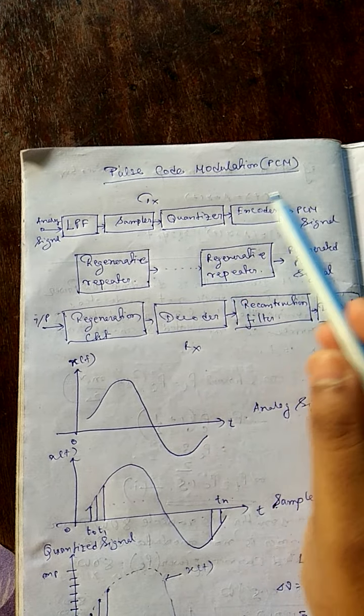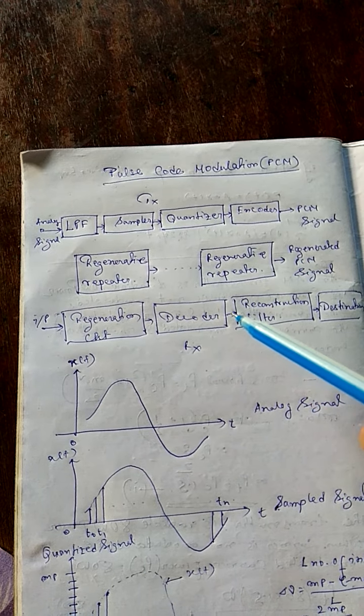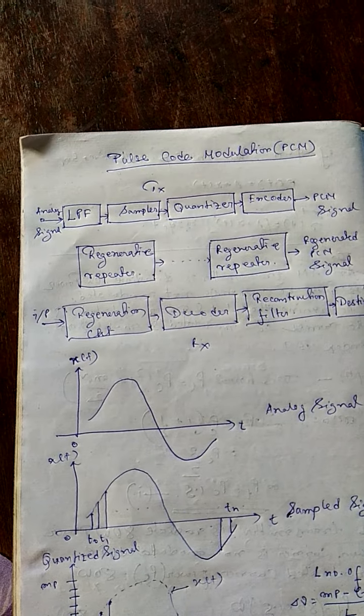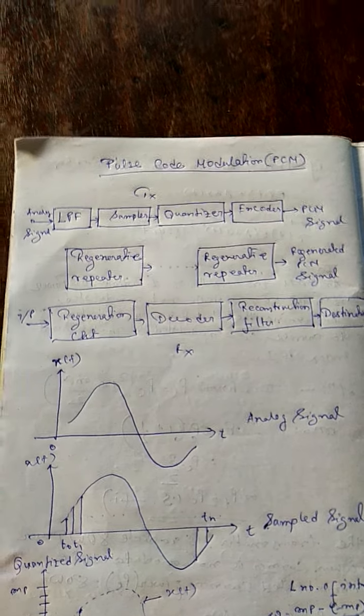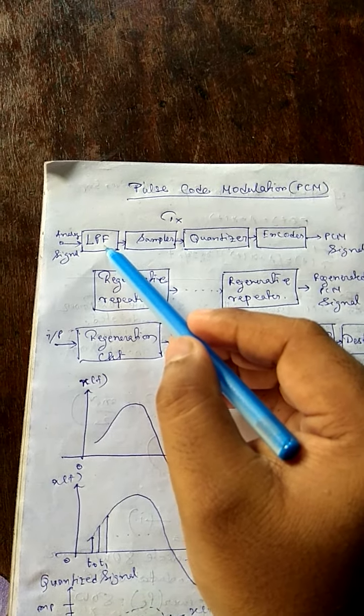For that, first we describe the block diagram of the transmitter as well as the receiver of the pulse code modulation system. Why it is called pulse code, we describe in the next class. The first block is called the LPF, or low pass filter.